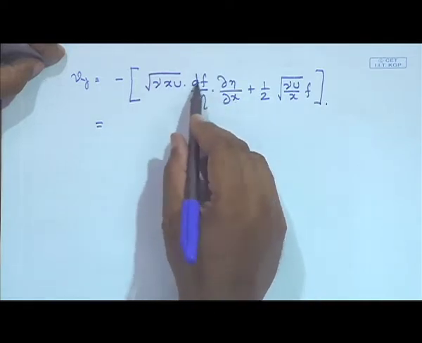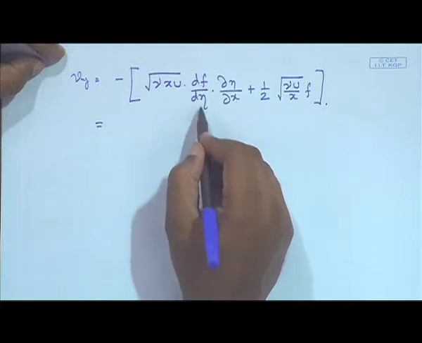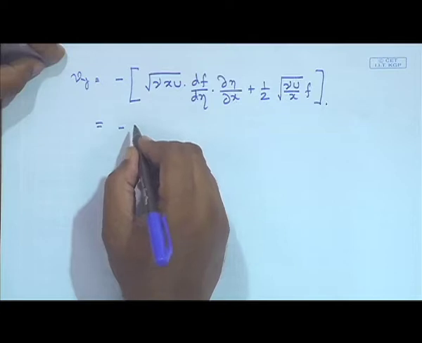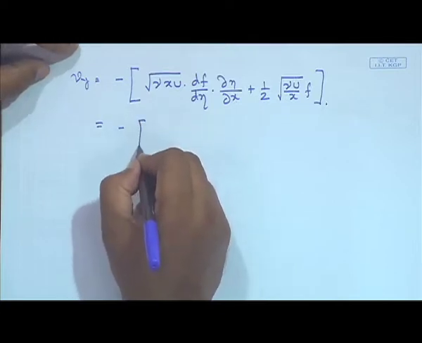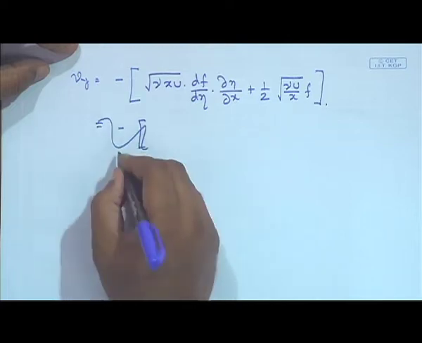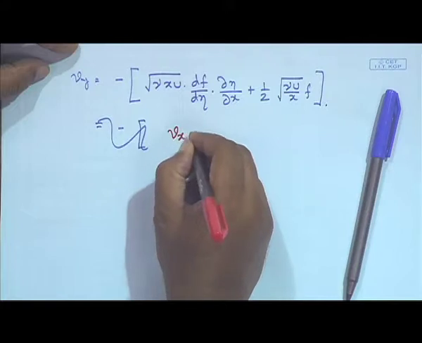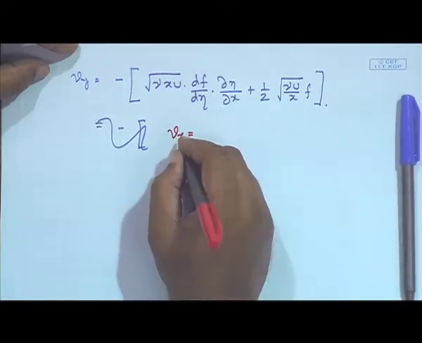So instead of del f del x, I am simply writing df d eta, since f is a function only of eta. I'll simply write the final step, since it's given in a nice form in the equation in the textbook.